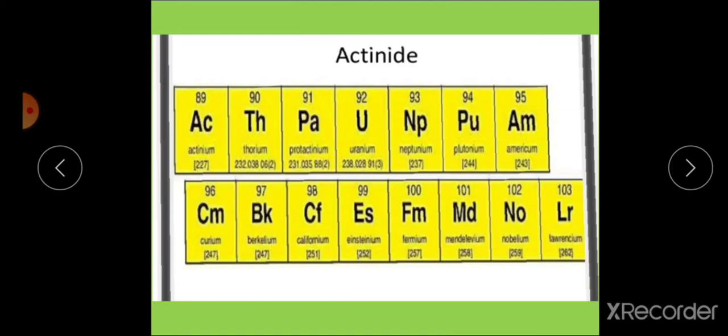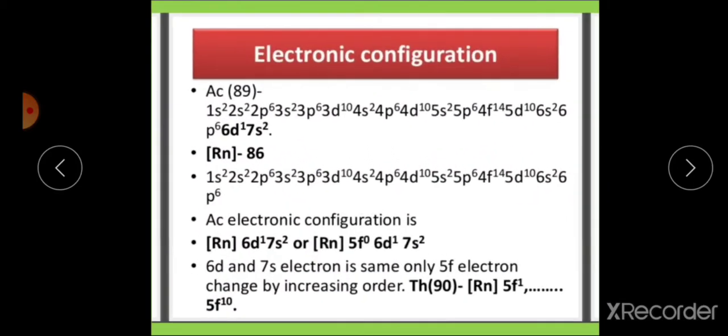They have the general electronic configuration radon (atomic number 86) 5f 1 to 14, 6d 0 to 1, 7s2. Actinium has atomic number 89, and its electronic configuration is given here. The last electron enters the 6d orbital.